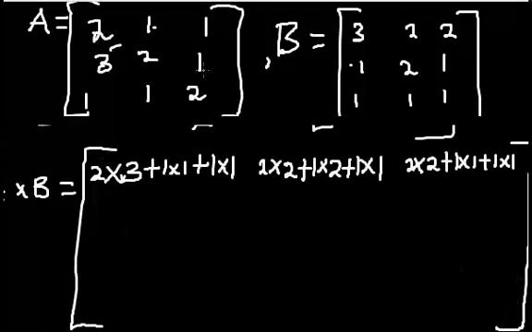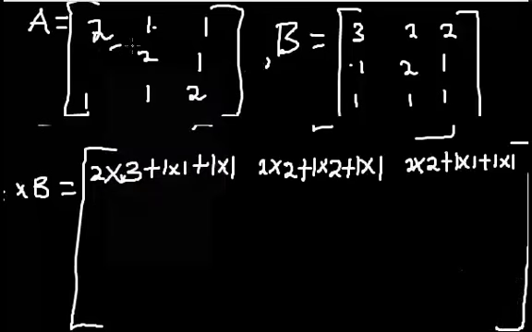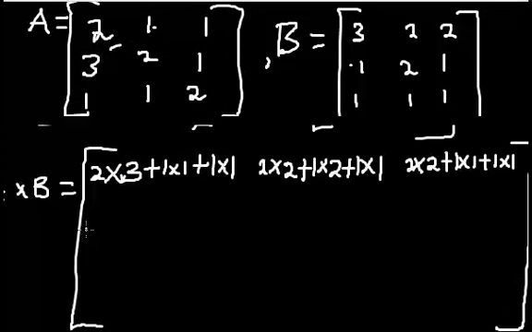Okay, so second row now we start work. Here we go. 3 times 3, then plus 2 times 1, then plus 1 times 1. Second row versus second column.